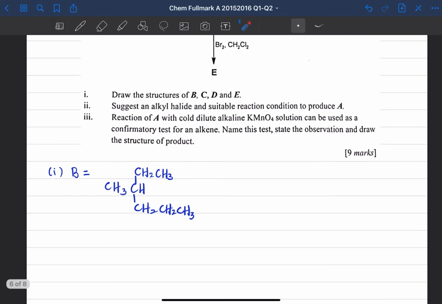So we write down the product. So C is CH3, and then we have CBr, and then CH2, CH3, CH2, CH2, CH3. So look at the carbon double bond earlier. CH2 changed to CH3 and C changed to CBr. No more double bond.